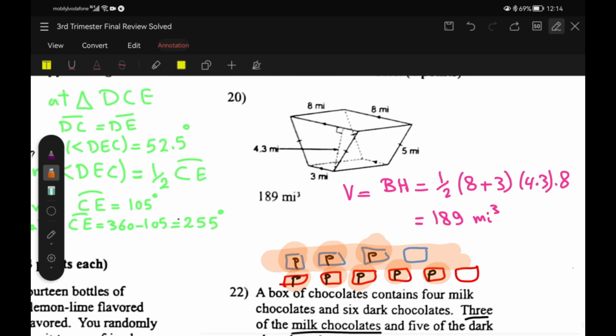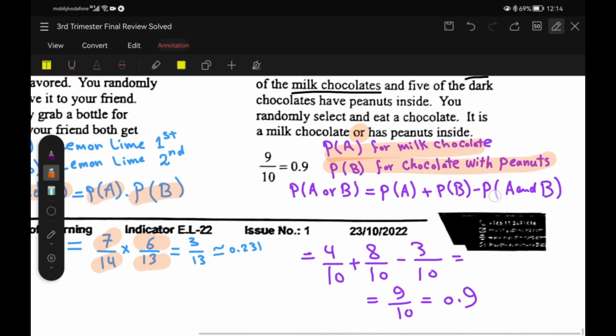How many milk chocolates with peanuts? 1, 2, 3. So we have 3 over 10. Now 4 plus 8 is 12. 12 minus 3 is 9 over 10. 9 over 10 equals 0.9.